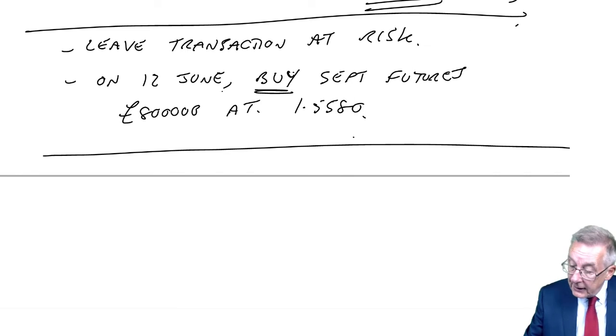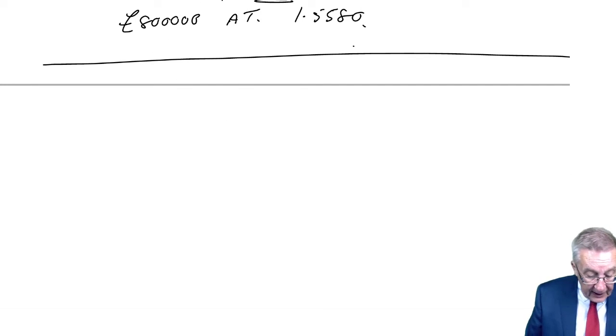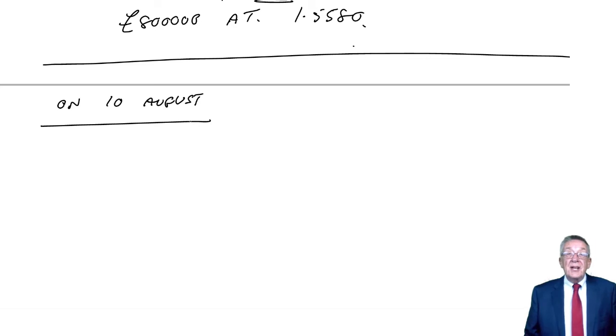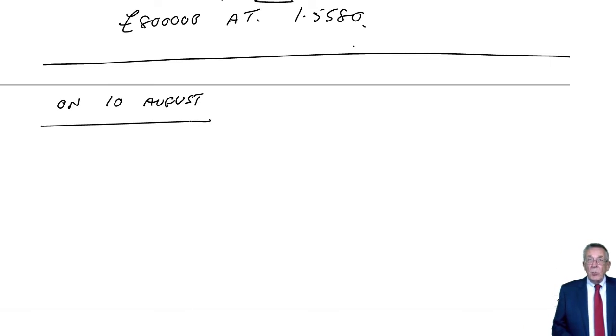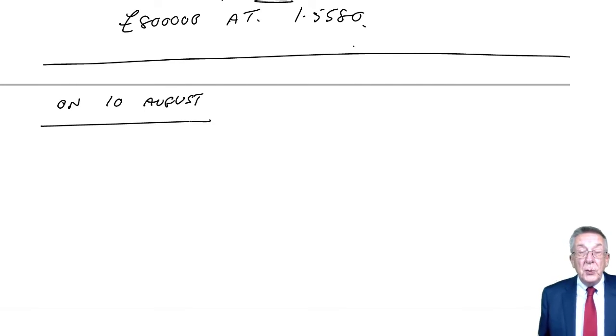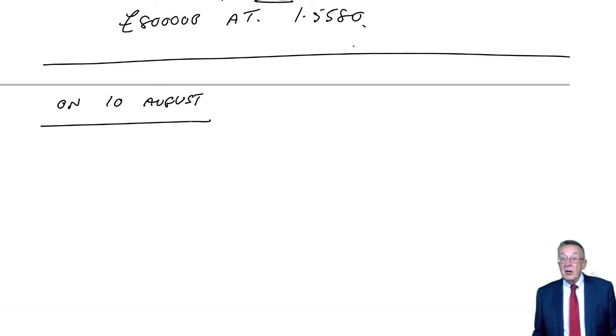We wait until the date of the transaction, and on the 10th of August, we look to see what's the spot rate and what's the futures price. Well, it says here, show the outcome of a futures hedge, assuming that the spot and the futures prices have both gone up by 0.02.